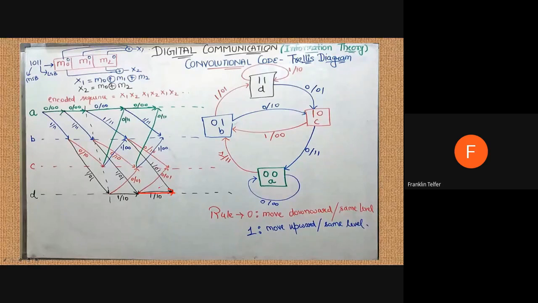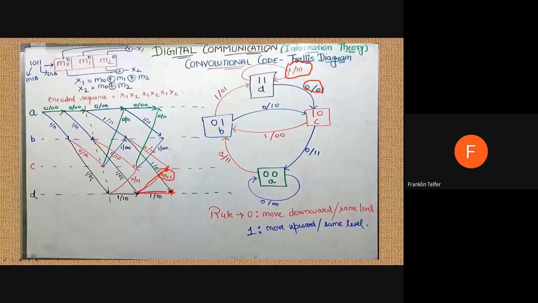Similarly, when D is equal to 1, it is going to have the same sequence. And when D is equal to 0, it is going to C with an output sequence of 0 1.